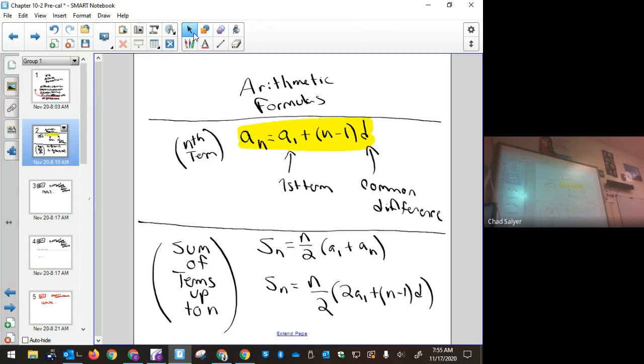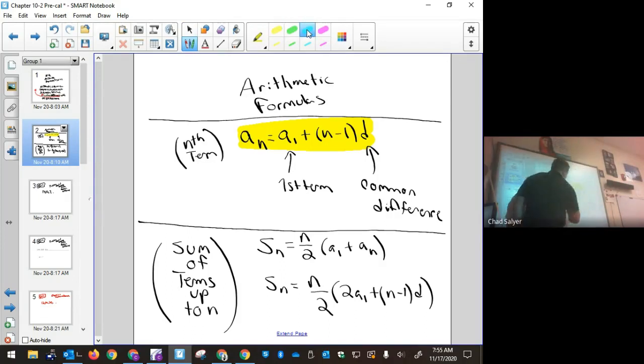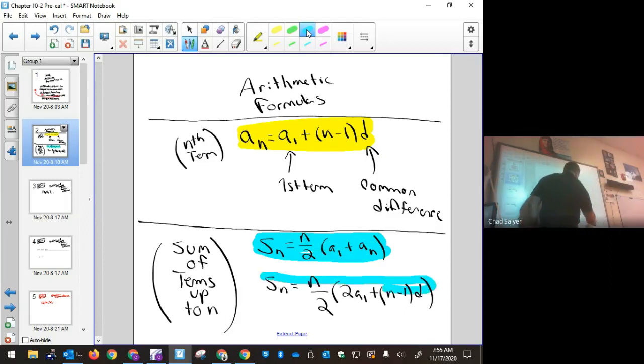Now you'll notice on the sum of terms up to n, so that's the series. So the formula for the series, there are actually two of them. They are these two. S sub n is the series of all the values up to and including the nth term.